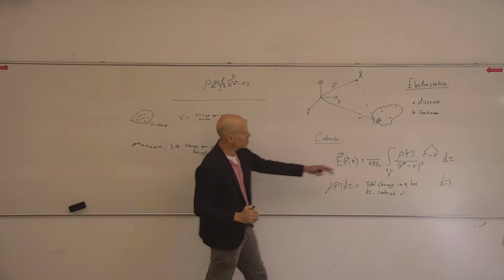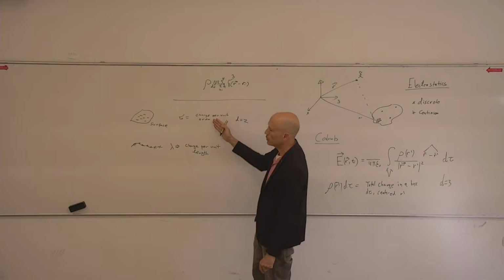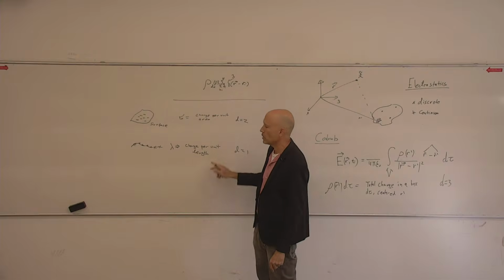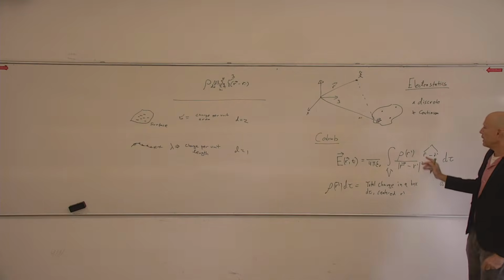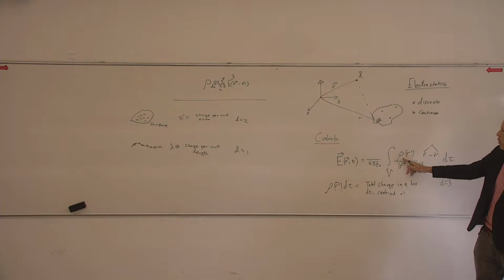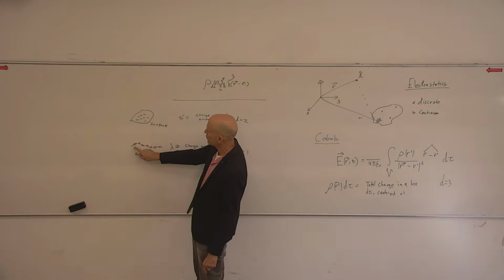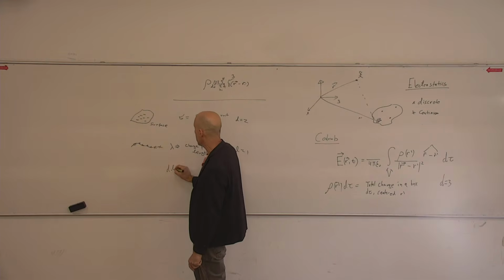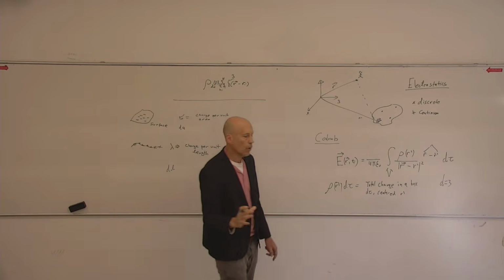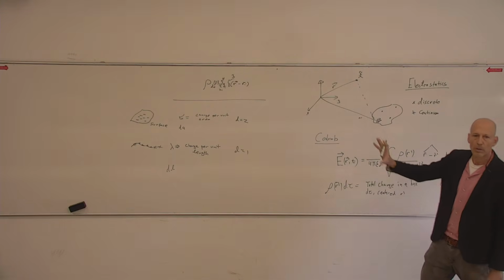So this rho is charge divided by volume, this is charge divided by meter squared, and this is charge divided by meter. And then you need to replace this integral. Instead of rho and instead of integrating over a volume, you need to integrate, let's say, in 1 dimension over this line, a complicated line. So the integration will usually be over dl, and this will be over dA. You need to know how to translate this formula into those formulas for those special cases.